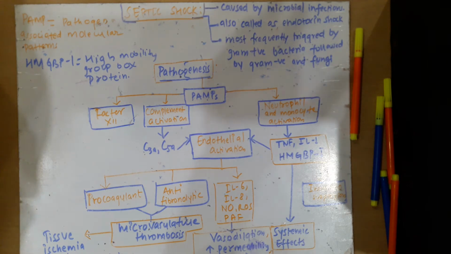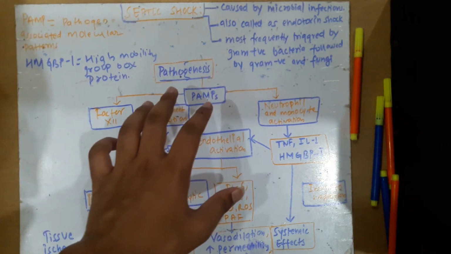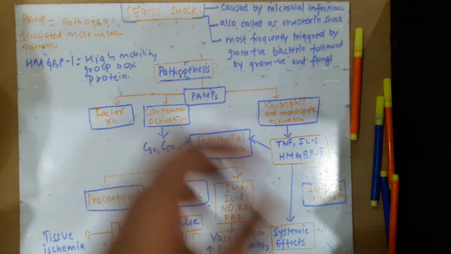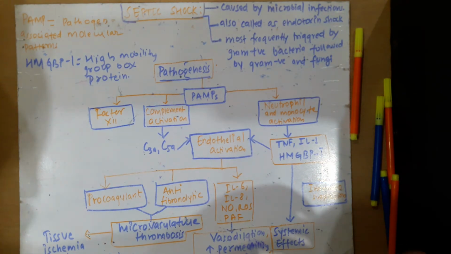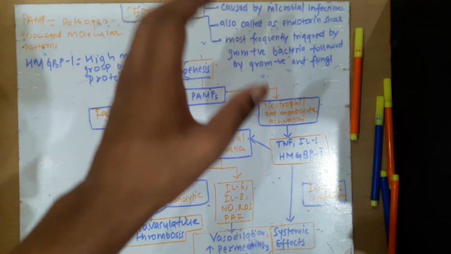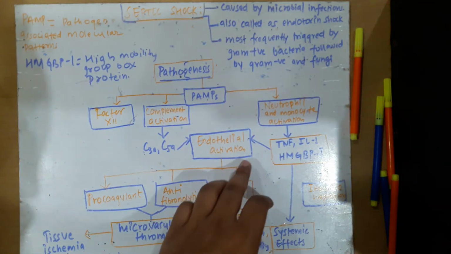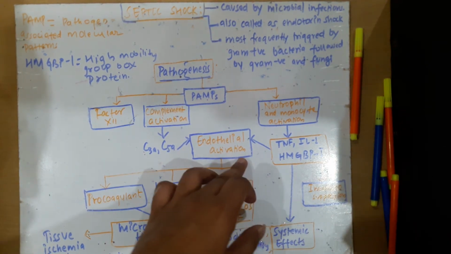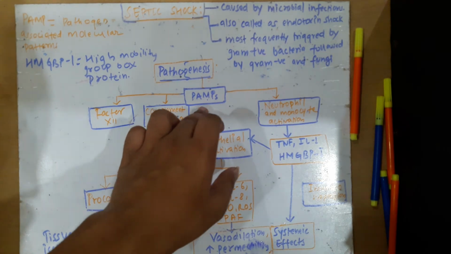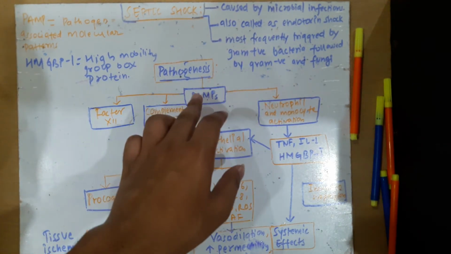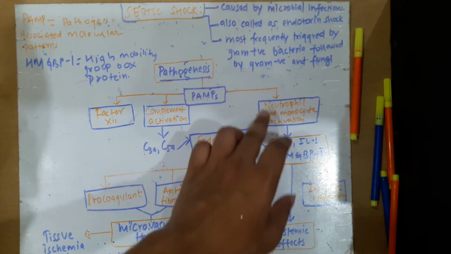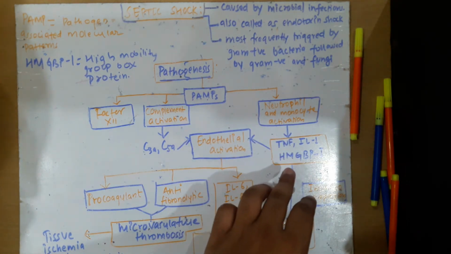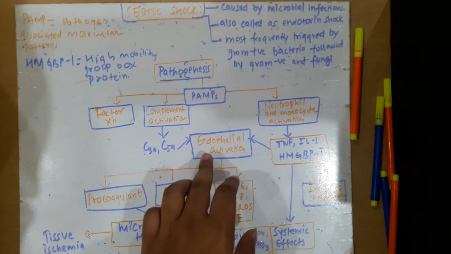Okay, and all these mediators released from the immune cells act on endothelial activation. It is shown in the chart also, but the activation part is not shown. Cells get activated, and then the release of mediators causes endothelial activation.